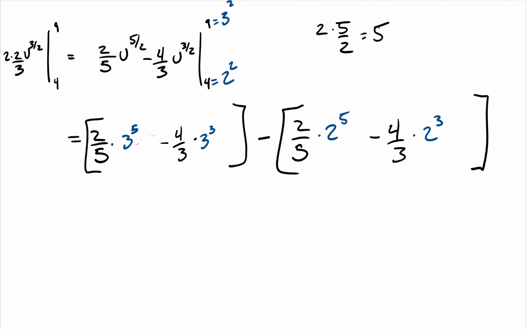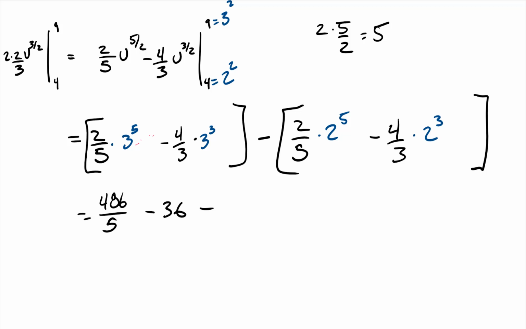Like I said, these numbers are going to get quite large. 3 to the 5th is 243. Times 2, divided by 5, so we end up with 486 over 5. 3 cubed is 27, and then we're going to lose 1. 9 times 4, that's minus 36.